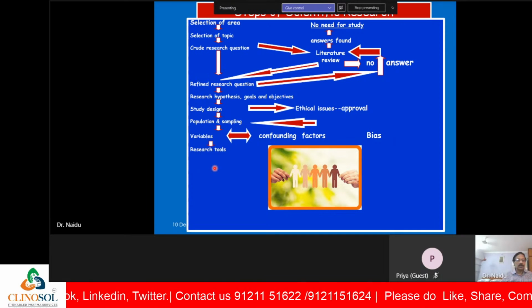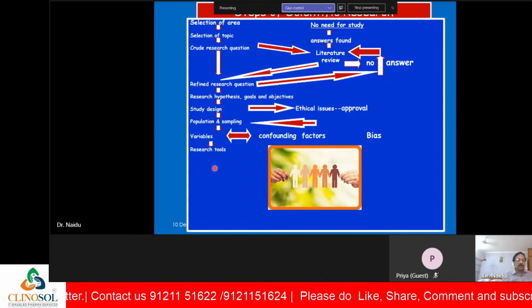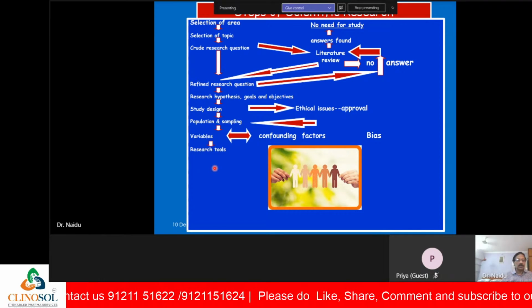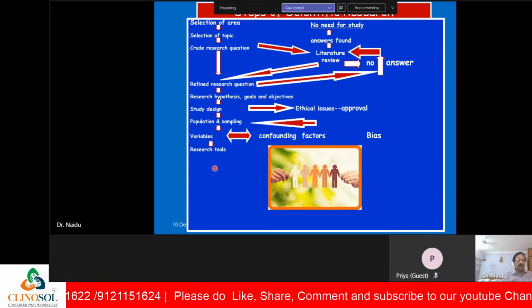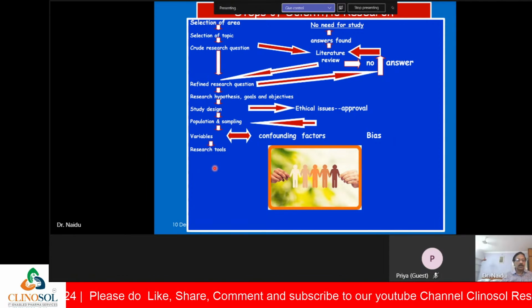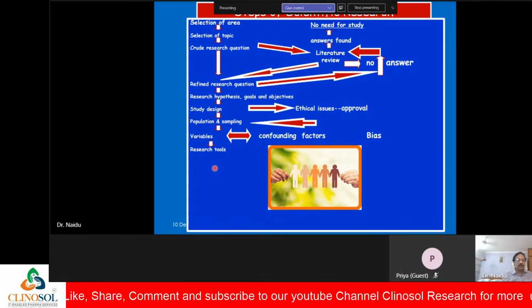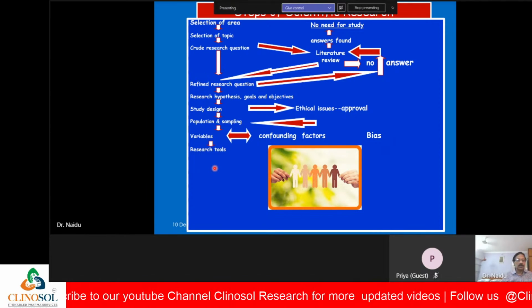So suppose you include 200 or 300 patients just to do a pilot study to identify, okay, I'm able to do this, these are the problems coming, so you can improve that. So it is always better to do a small pilot study to find out the difficulty and then improve your protocol. Make a complete work plan based on your pilot study and go for your main study taking this sample.